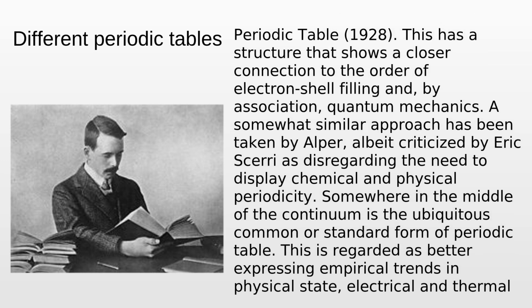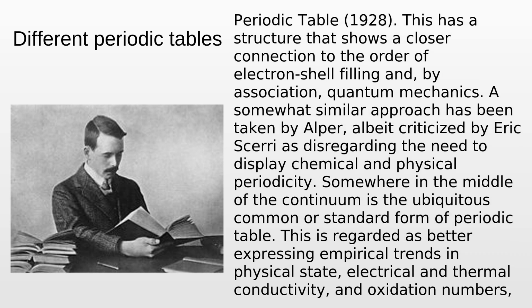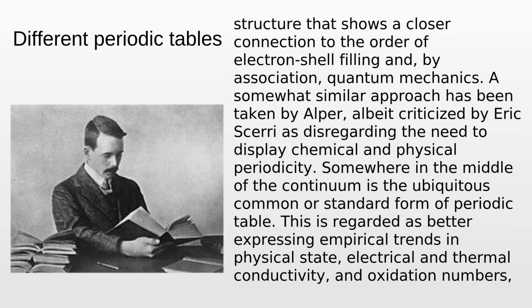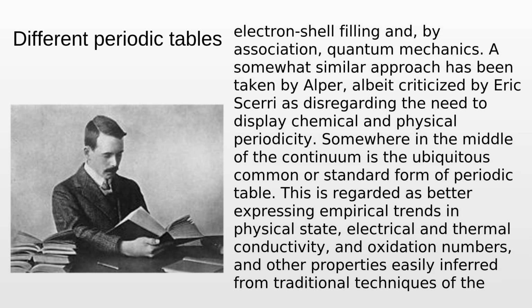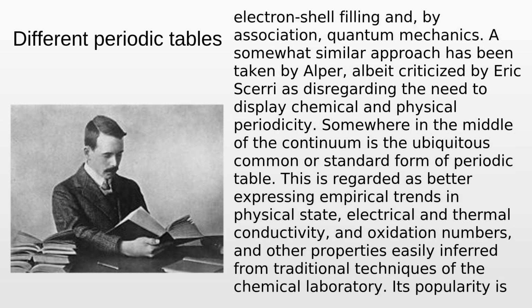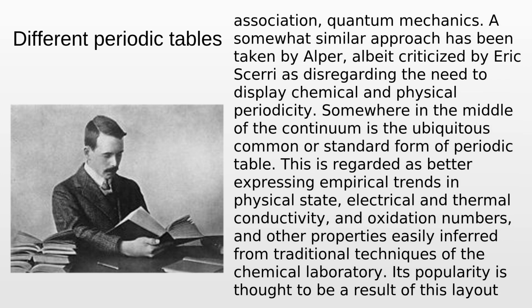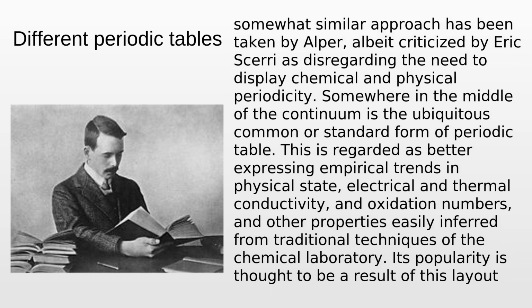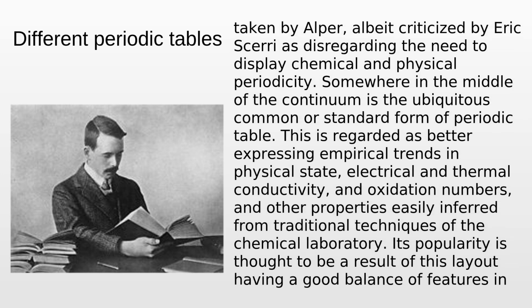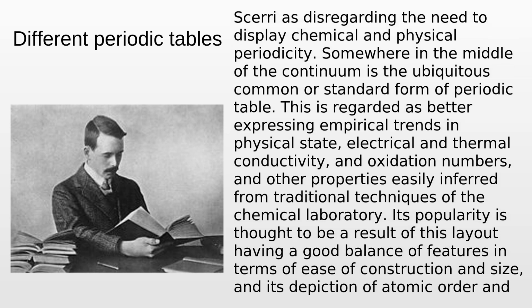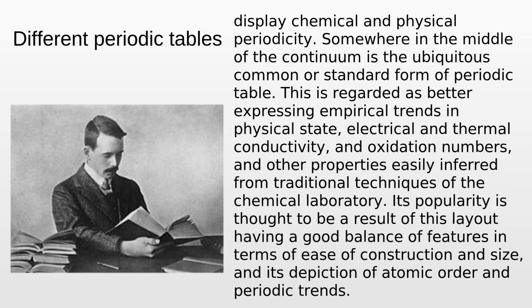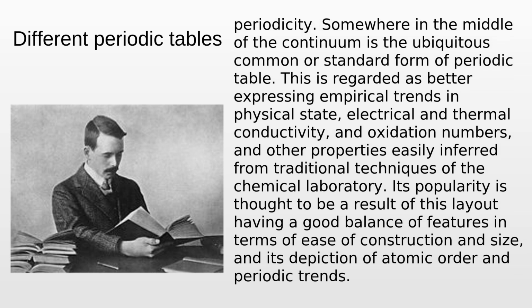Near the physics end of the continuum is Janet's left-step periodic table, 1928. This has a structure that shows a closer connection to the order of electron shell filling and, by association, quantum mechanics. A somewhat similar approach has been taken by Alper, albeit criticized by Eric Scerri as disregarding the need to display chemical and physical periodicity.